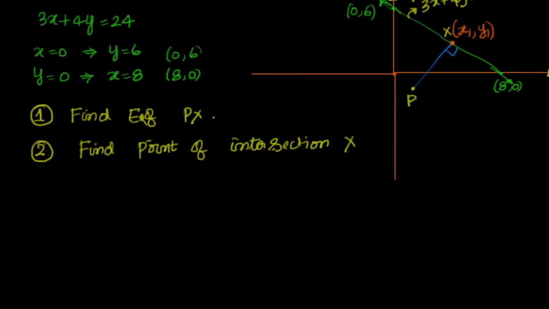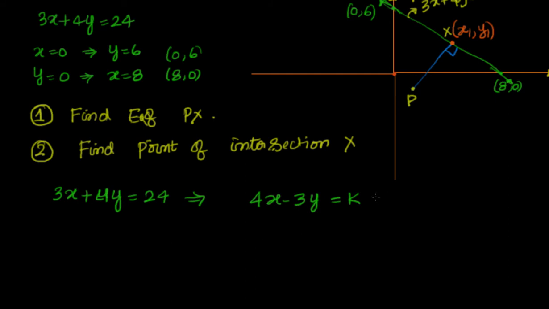First we will look at the equation of PX. We know if 3x plus 4y equal to 24 is a line, then any line which is perpendicular to it will be of the form 4x minus 3y equal to k. I hope you are comfortable with that. Because the slope is minus 3 by 4, I should have slope of 4 by 3. So the easiest way to remember is the coefficients will switch and the sign in between them will change. So 3 will become 4, 4 will become 3, and plus will become minus.